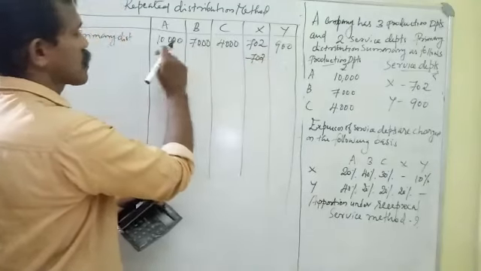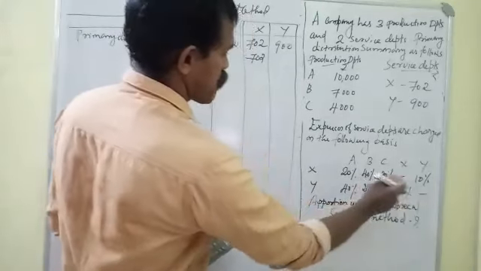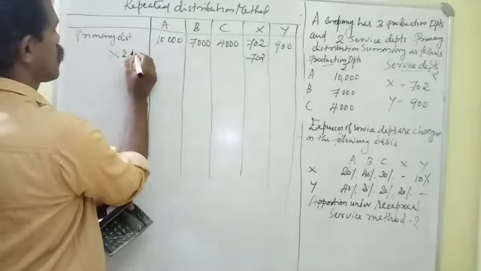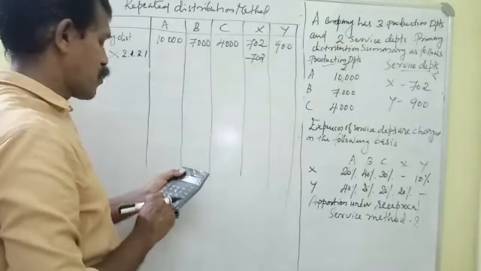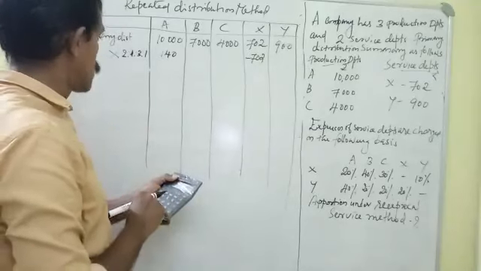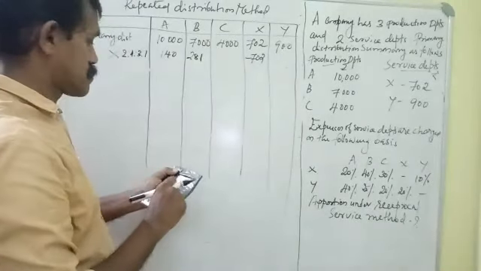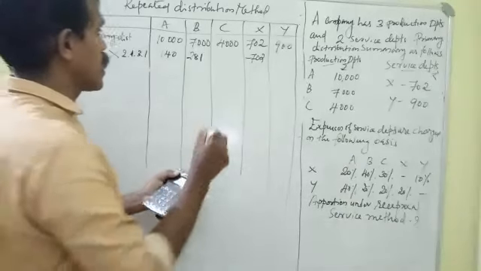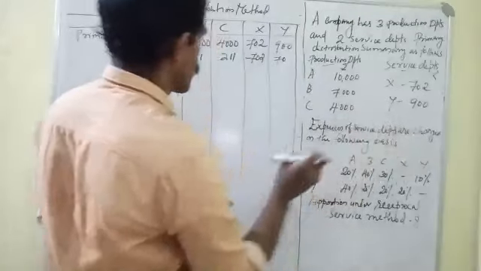The 702 I am going to distribute among these A, B, C and Y. We know the base is 20%, 40%, 30% and 10%. 2, 4, 3, 1. 702 divided by 10, we get 70.2. 70.2 into 2, that is equal to 140. 140 to A, then 281 to B, and then 70.2 into 3, that is equal to 211. 211 to C, and then 70 at 10% to Y.